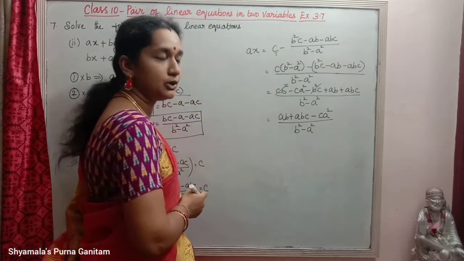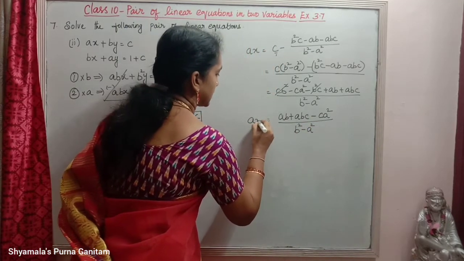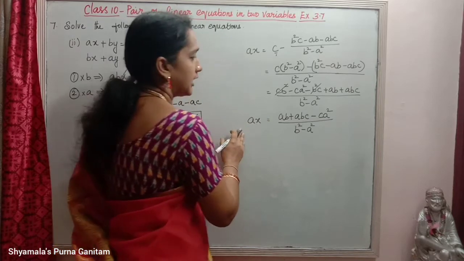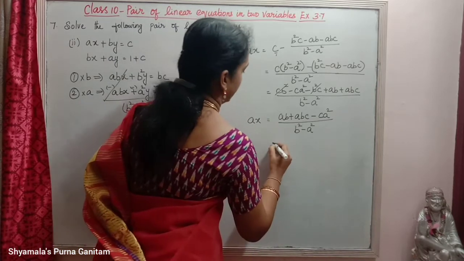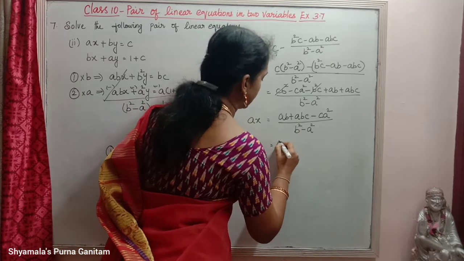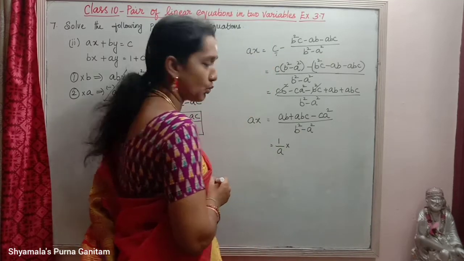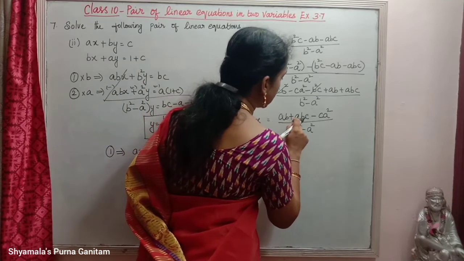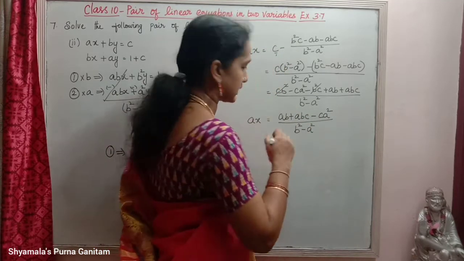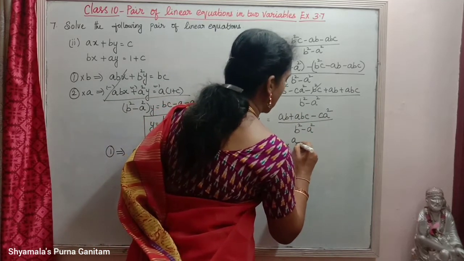So this is the value for ax. So this a is there here. That also we have to bring it down. Then if we are bringing that down, it will be 1 by a into, in all the terms in the numerator, a is common. So I am taking a out.